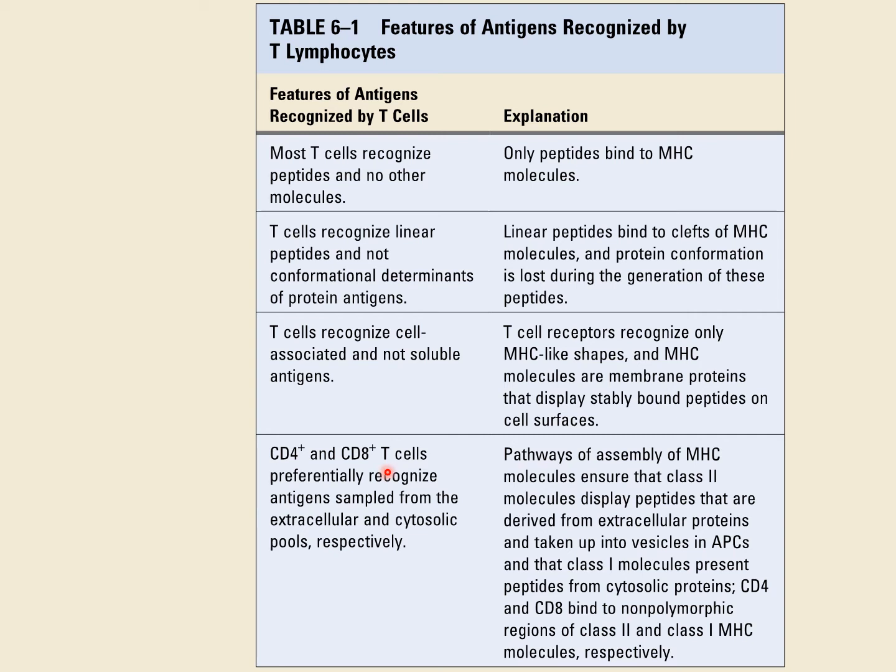That is because MHC class 2 molecules display peptides that are derived from extracellular proteins or are vesicular in nature. These class 2 MHC are then recognized by CD4 T cells, and CD8 T cells recognize MHC class 1, which generally carries peptides that are cytosolic in origin. So the feature of antigen to be recognized by T lymphocytes is dependent upon the type of antigen processing pathway as well as the MHC molecule.